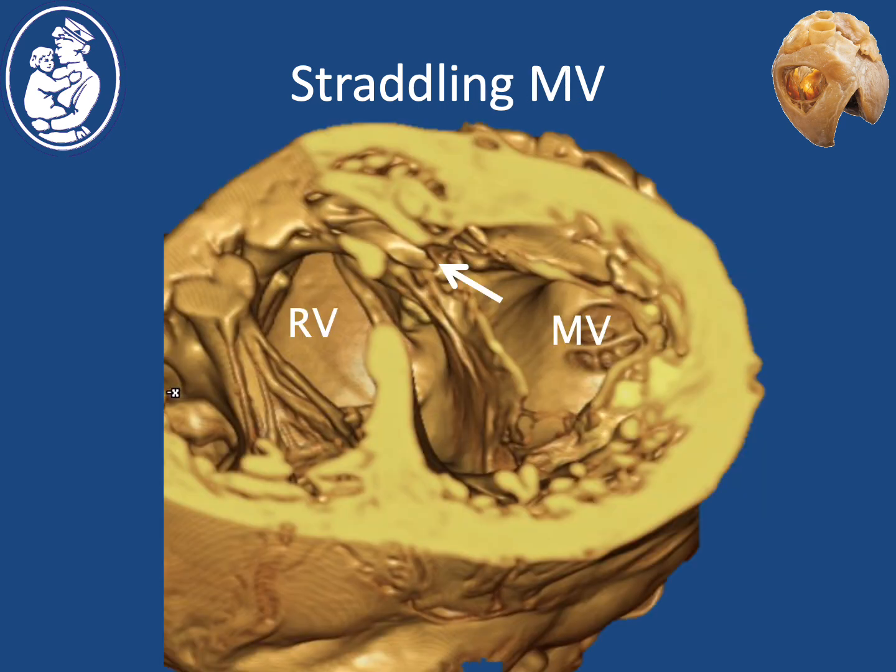This waxed heart specimen illustrates straddling mitral valve. This is a short axis cut near the apex of the two ventricles. Right ventricle here and left ventricle here. There's a large anterior ventricular septal defect, or outlet ventricular septal defect, here.